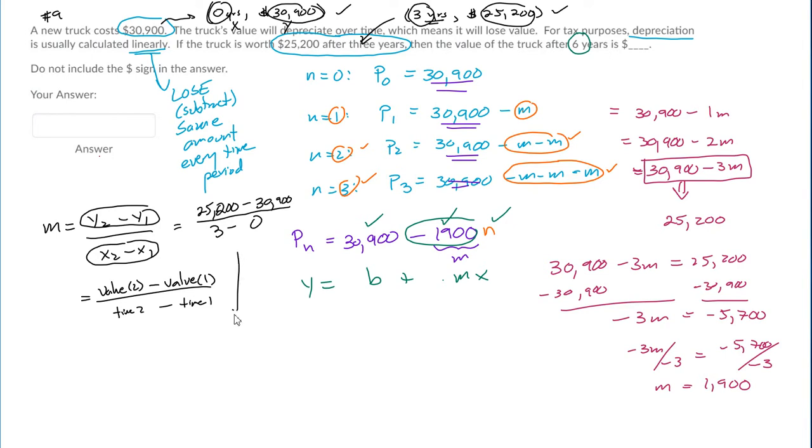Okay, so this gives me 25,200 minus 30,900 over 3, which ends up being negative 5,700 over 3, which is negative 1,900. Now, why are we getting negative in this case?